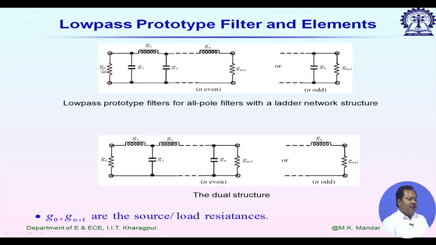And you can see G naught and G n plus 1 represent the source impedance and the load impedance, represented by two resistors. We have the dual of this. In this case, in place of pi, we are using a T network, two inductors G1, G3 and one shunt capacitor given by G2. Now, if n is even, in that case the last element is a capacitor, and if n is odd, in that case the last element is one inductor.